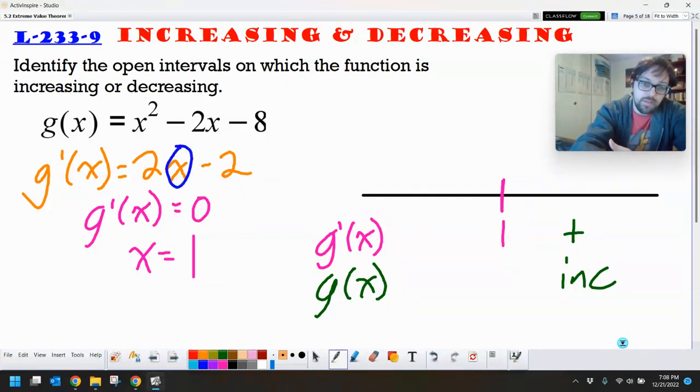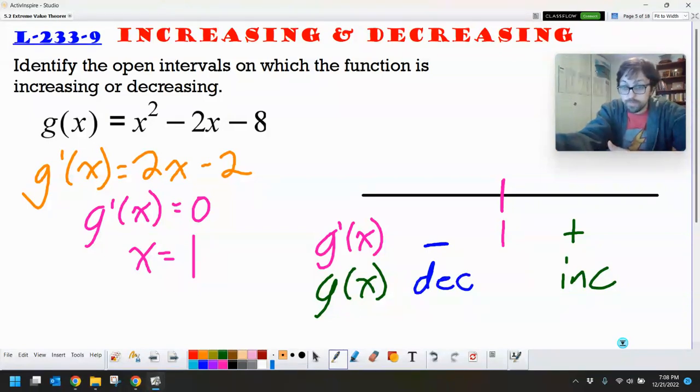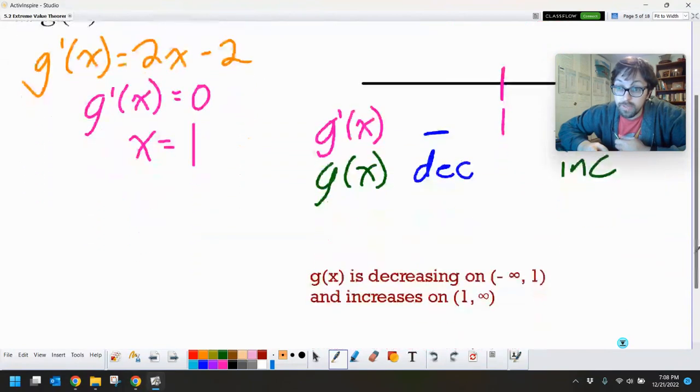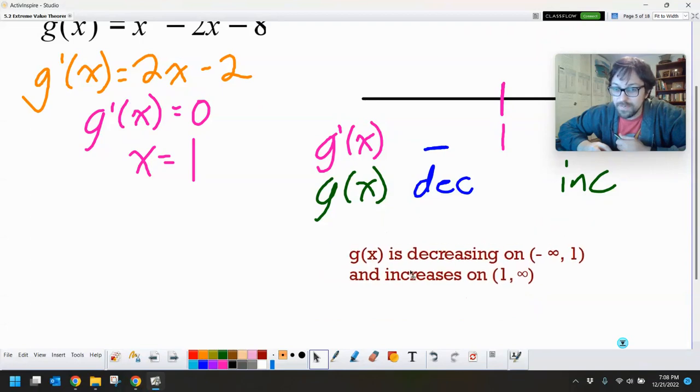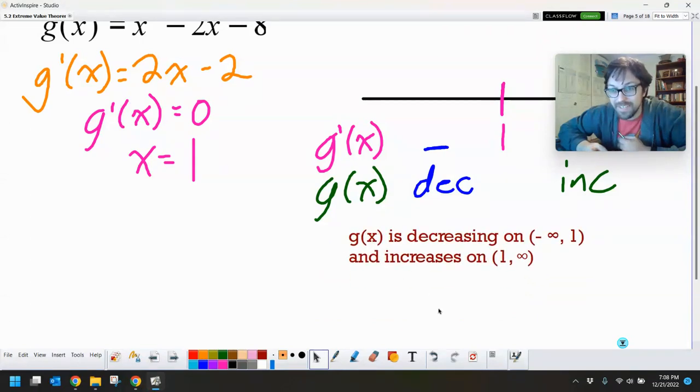If I plug in 0 right here, 0 minus 2 is going to be negative 2. And since that is negative, then this is going to be decreasing. So those are the two intervals. It's decreasing where the derivative is negative, and increasing where it's positive. There, that was a terrible sentence, but that's what I was trying to say.